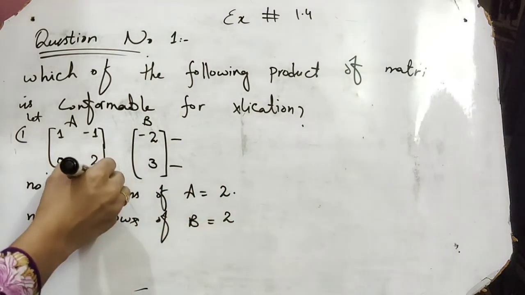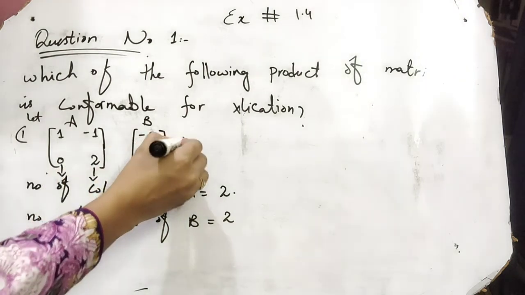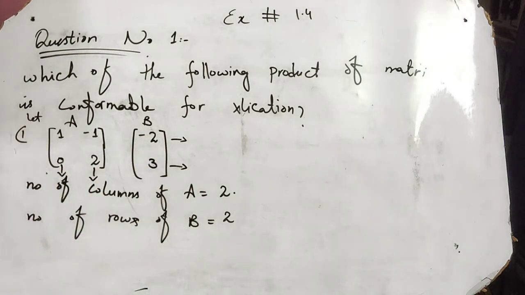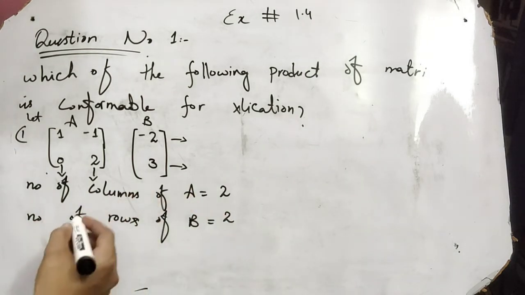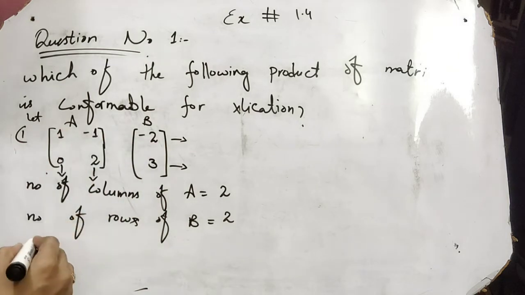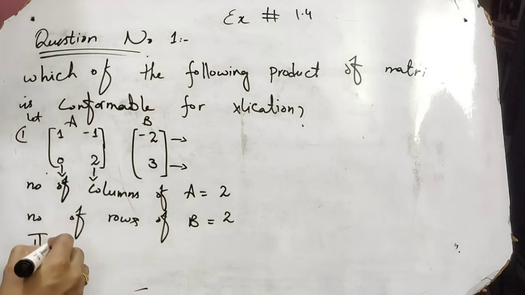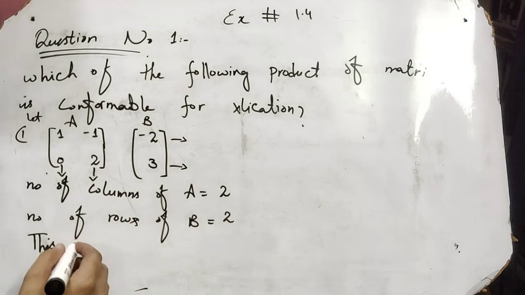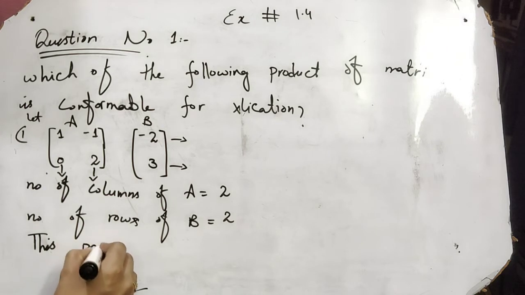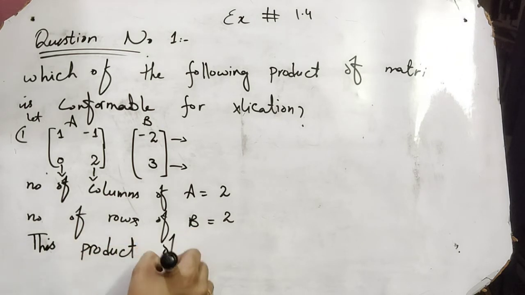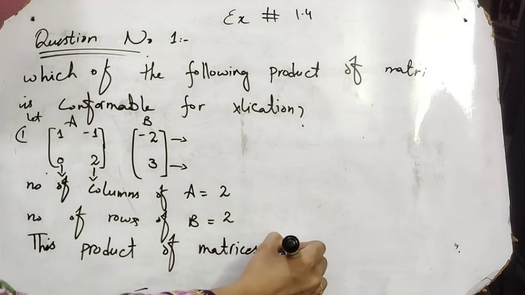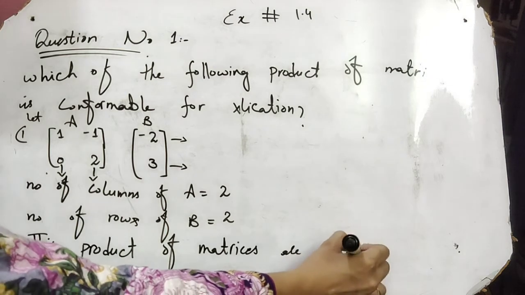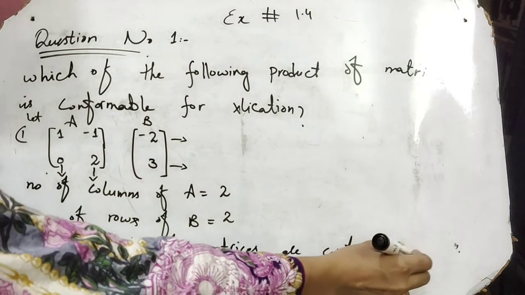These are rows and these are the columns. So we can say the number of columns of matrix A is equal to 2 and the number of rows of matrix B is equal to 2. So this product of matrices is conformable.